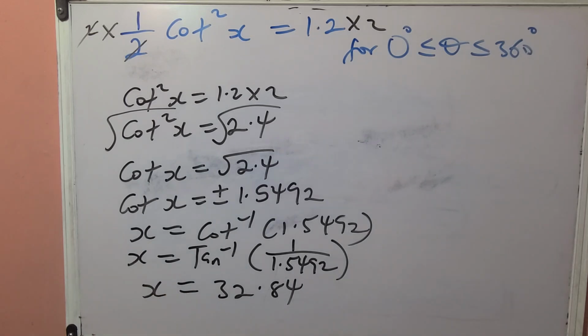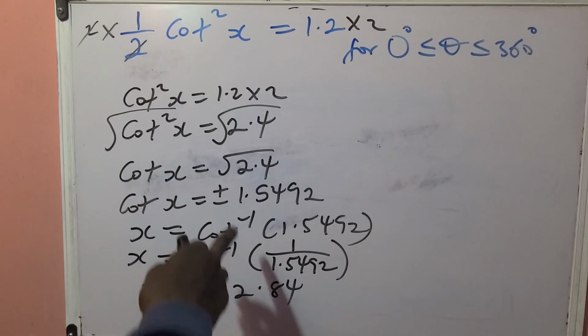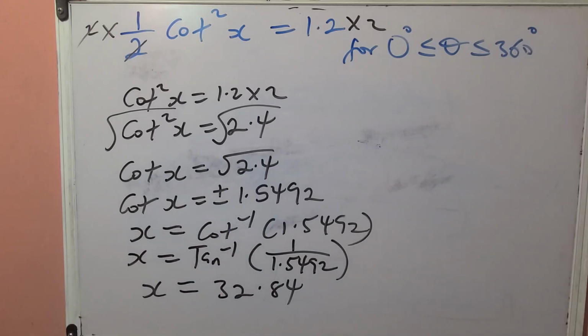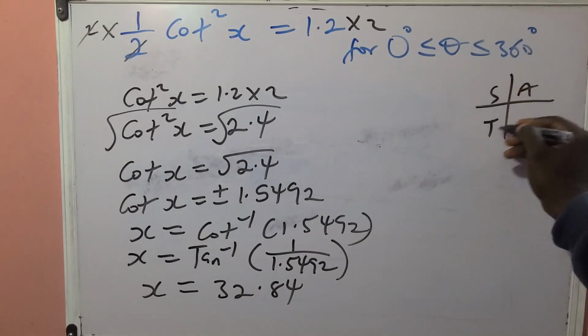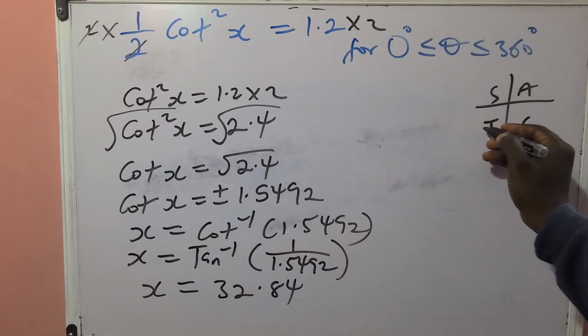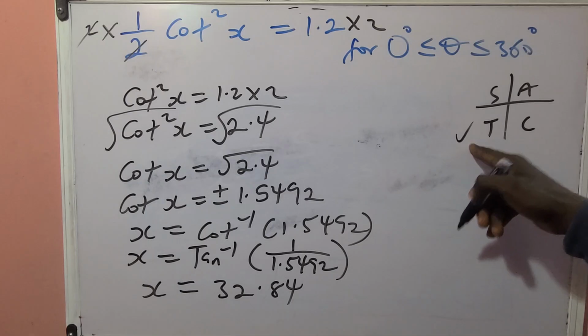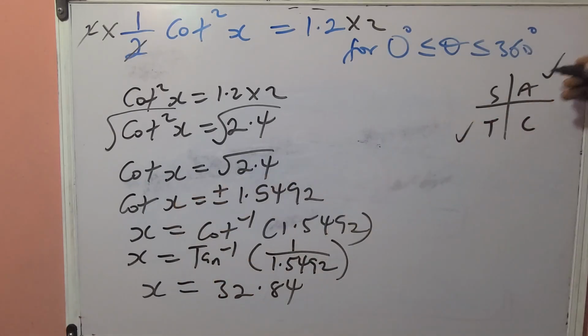Now, I told you already that in a case like this, you have to solve for when cot was positive, and then you have to solve for when it was negative. And you have to do those things using your quadrant. So examining from your quadrant, all students take calculus. I told you already that wherever you saw tan theta, your cot theta is represented there also. So that means your cot x is positive both in the first and third quadrants.